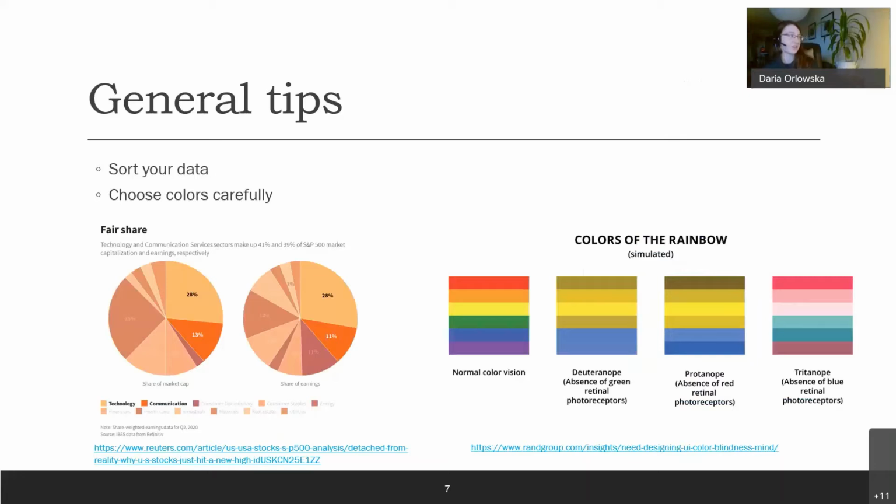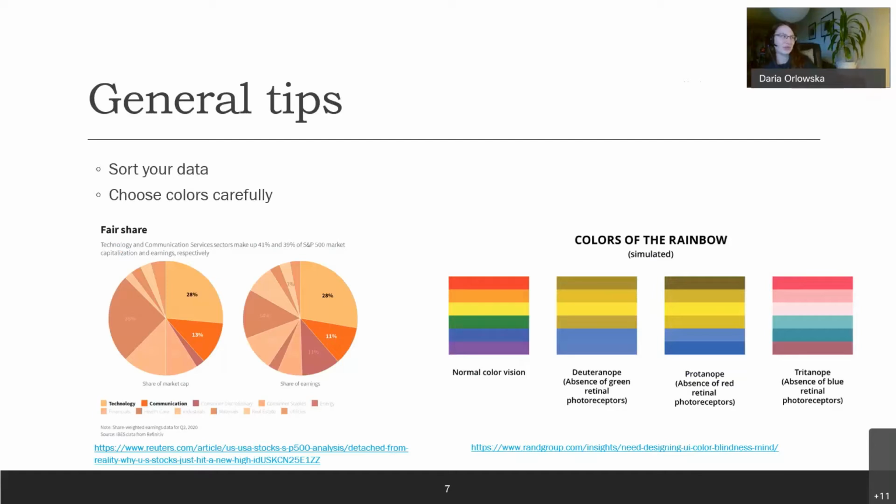The next two tips would be sorting your data and choosing your colors carefully. On the left-hand side, we have two pie charts. The first thing you might notice is that the colors are super monotonous. They're very similar to each other, and it might be difficult to figure out which categories relate to which colors.